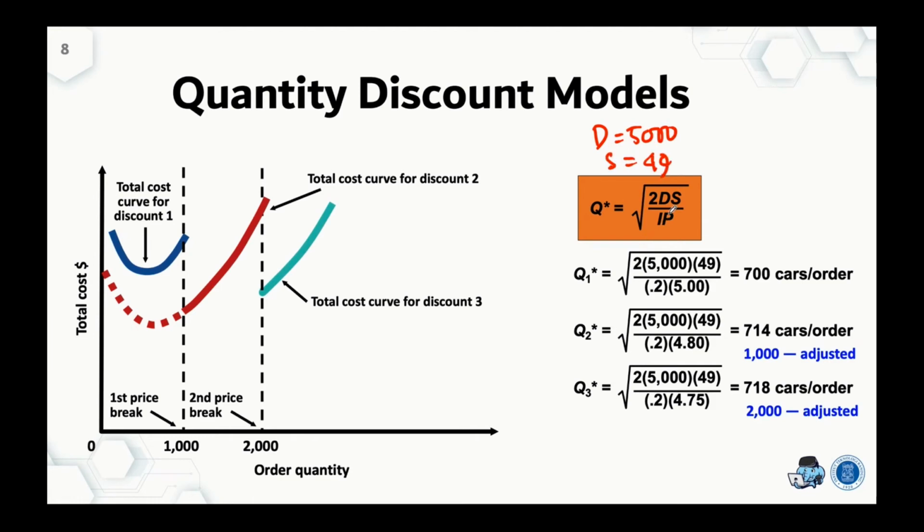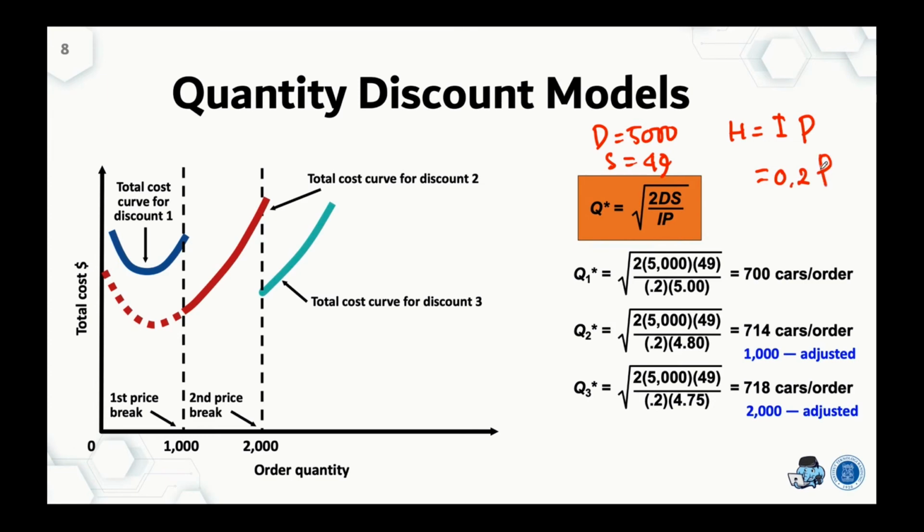And then the holding cost in this case is equal to I, which is a fraction of the product price. We choose the fraction 0.2, or 20% of the product price, as the holding cost.